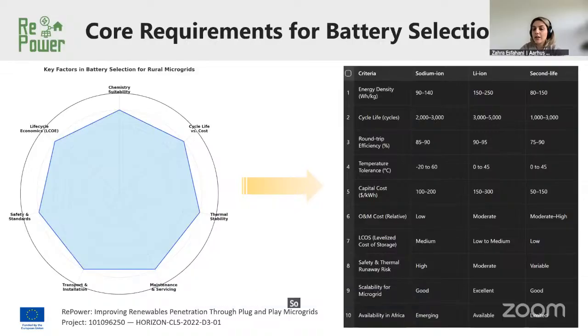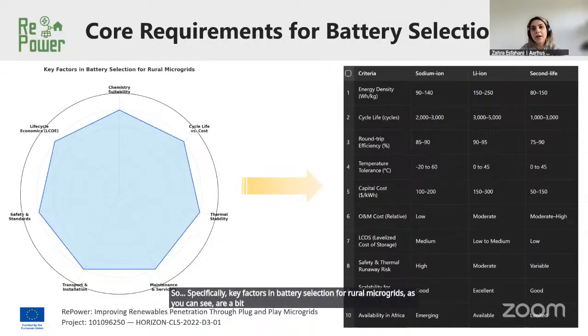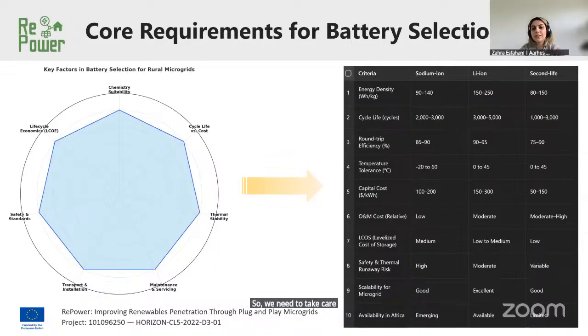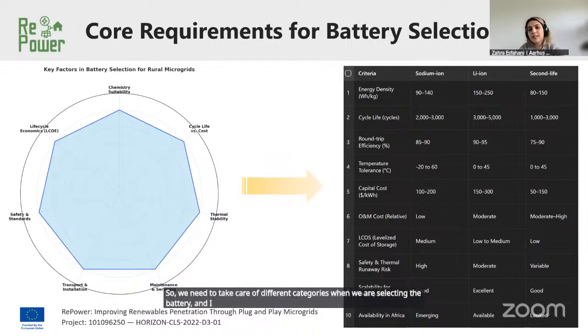Specifically, key factors in battery selection for rural microgrids are a bit different from other use cases. So we need to take care of different categories when selecting the battery. I just brought this table as an example of how we can compare different chemistries or different batteries. But these are the requirements that we need to take care of.